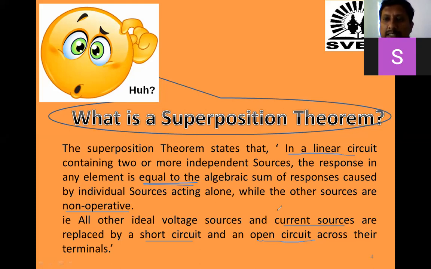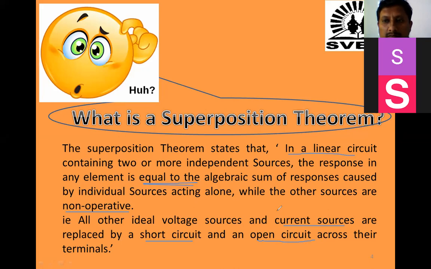Which components are present in a linear circuit? Should it consist of diode, resistor, or inductor, resistor, capacitor? Inductor, resistor, capacitor. Yes. So it should consist of linear elements only.